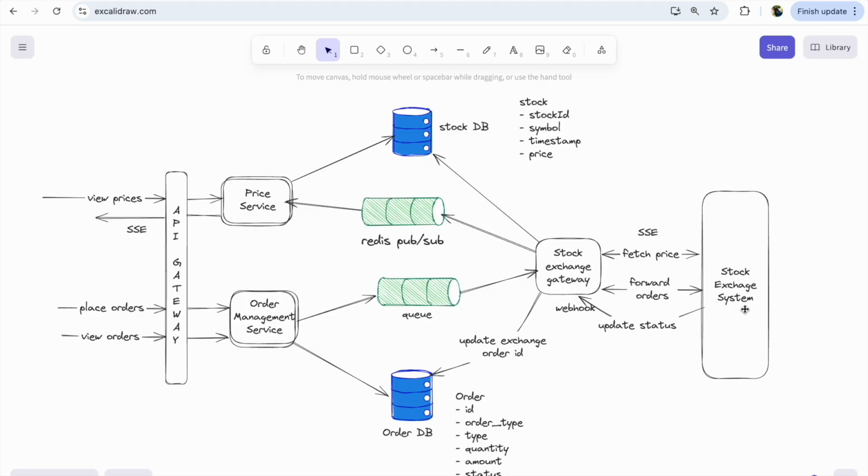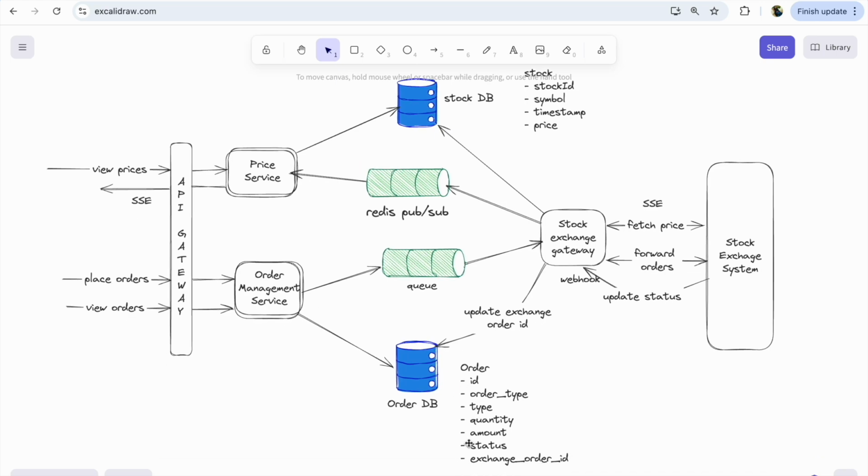So what the stock exchange system can do is, when the gateway forwards the orders, it will send the status as accepted, and it will send the exchange order ID created in the stock exchange system. Next, this exchange order ID will be updated in the order database.